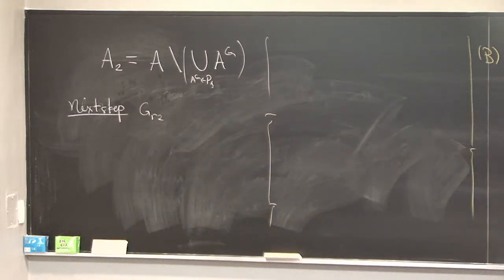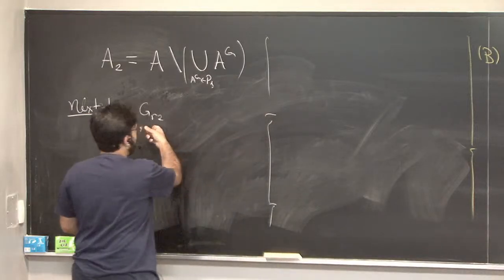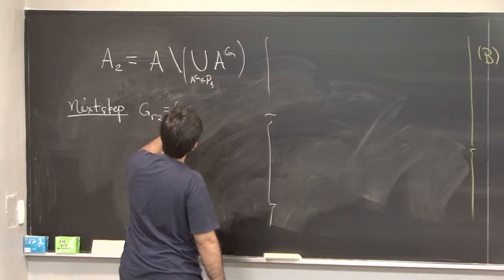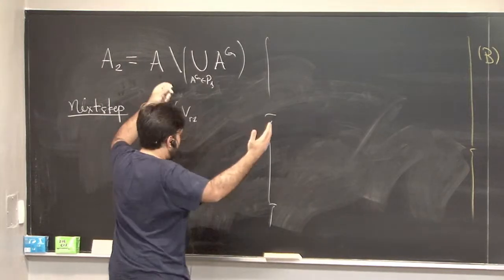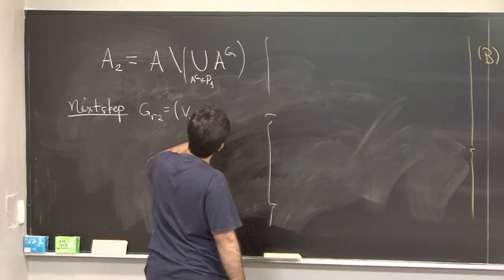But remember, to define this graph we had to put another piece of information that depends on A. So this is all dependent on A, and this makes sense for any finite set. So in the next step, the graph that we take is constructed in the next scale, but using the set A_2.